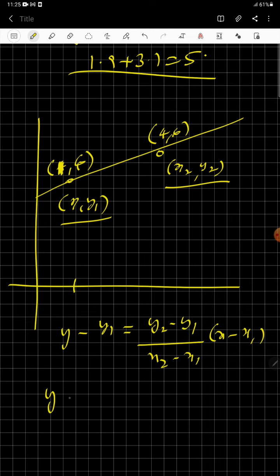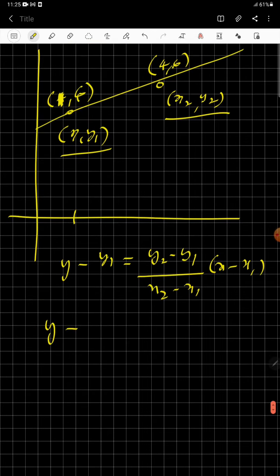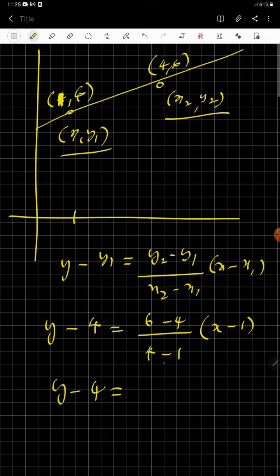So y minus 4 is equal to 6 minus 4 divided by 4 minus 1 into x minus 1, and y minus 4 is equal to 2 by 3 into x minus 1.